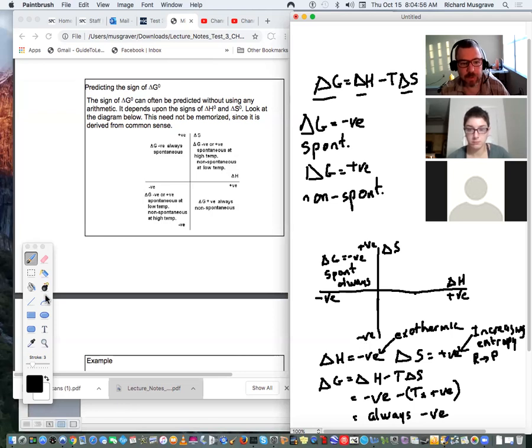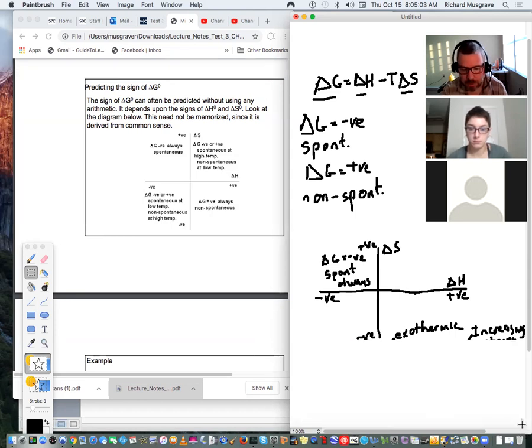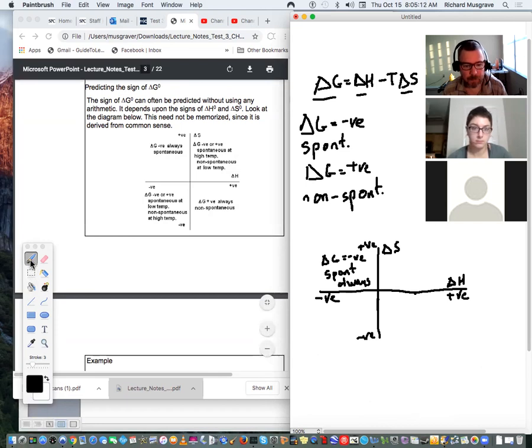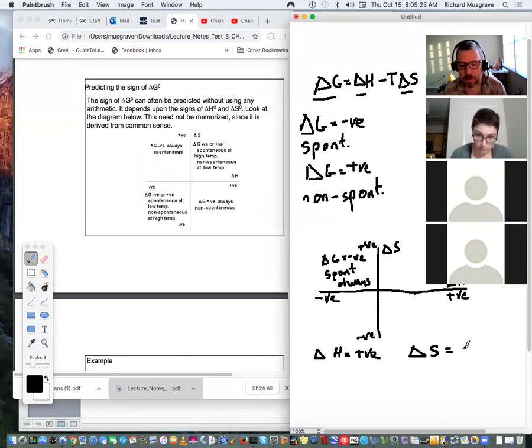All right, any questions? Any questions so far? Okay, let's take a look at the other extreme case that we can talk about. And that is when we have a positive delta H, that's an endothermic process, and a negative delta S, that's a process where entropy is going away or going down. So let's see what happens here.